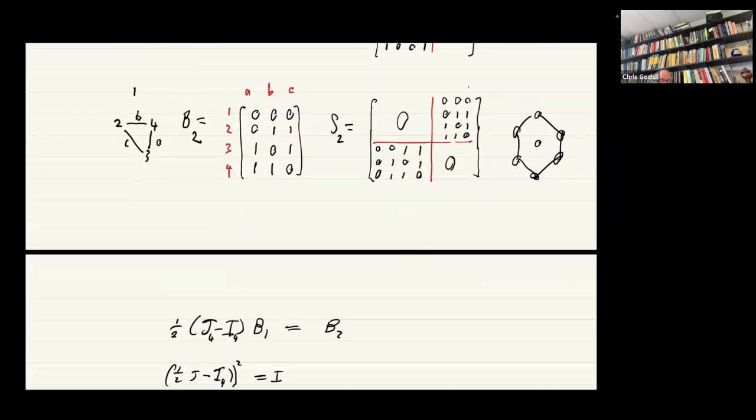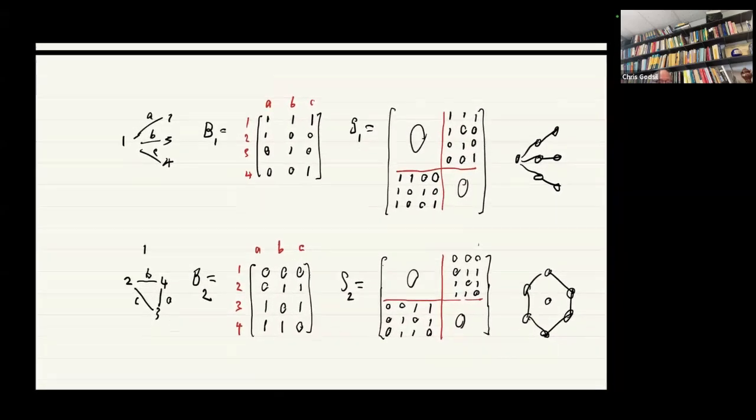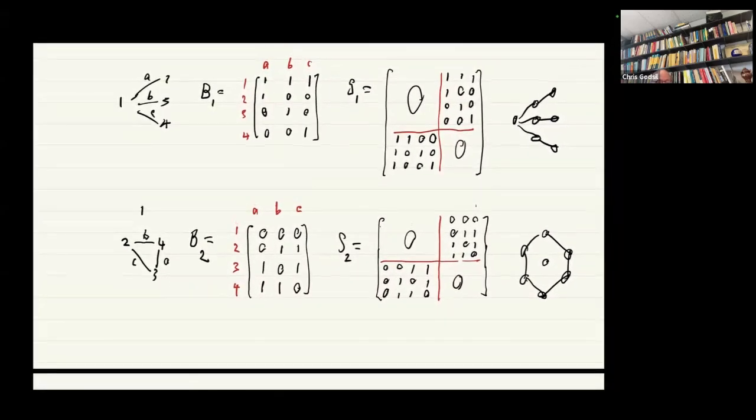And so the thought occurred that if I want to show that S1 and S2 are cospectral, it would be enough to find a matrix L such that L inverse S1 L equals S2. So if I can find the change of basis, if you like, that takes S1 to S2, then I've got to prove they're cospectral. Okay.